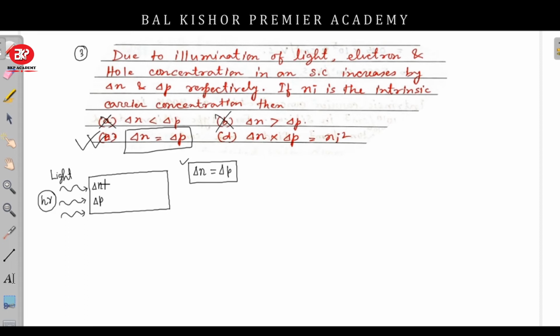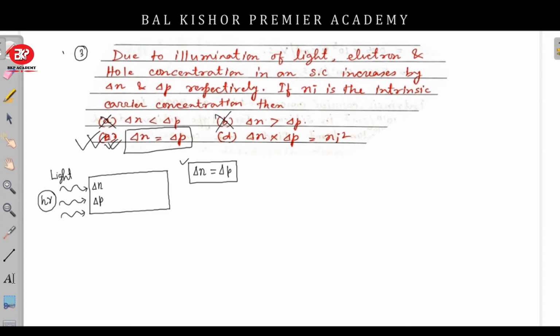But the amount of excess electron concentration that will be produced due to the light incident will be same as the amount of hole concentration that is produced inside the semiconductor due to the incident of light. That's why del N is equal to del P. So option C is the right answer.